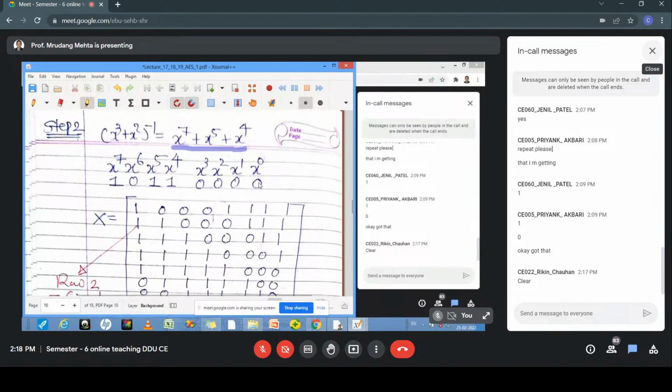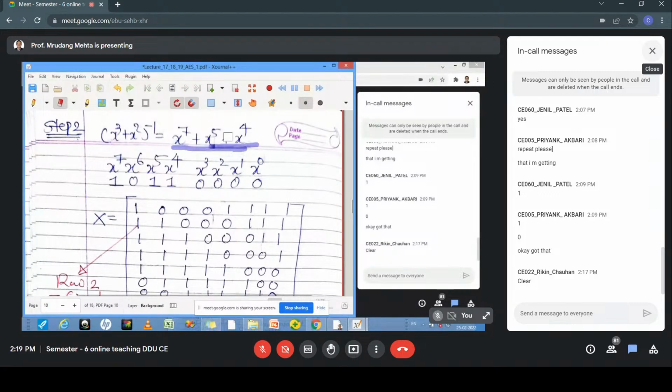The x raised to 4 term is present, so the coefficient is 1. x raised to 5 is present, so the coefficient is 1. x raised to 6 is absent, so the coefficient is 0. x raised to 7 is present, so the coefficient is 1. So this we have obtained, which is equivalent to this polynomial.